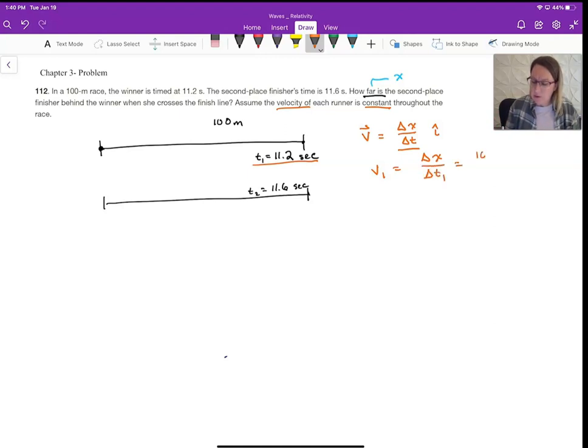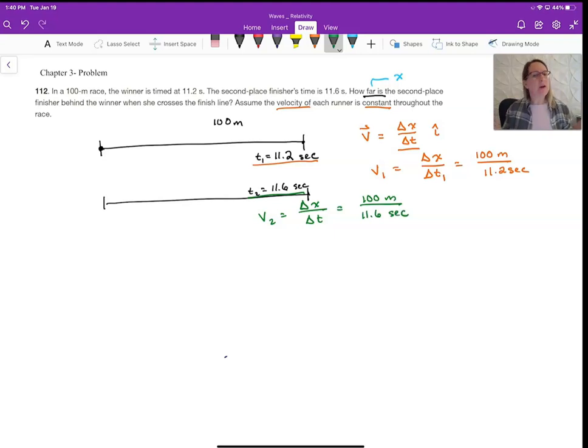That would be 100 meters over 11.2 seconds. And we can do the same thing for the second runner. So v2 for the second runner, slower but same distance, is delta x over delta t, equal to 100 meters over 11.6 seconds. That's fine, but that's not anything that the problem asked us for.